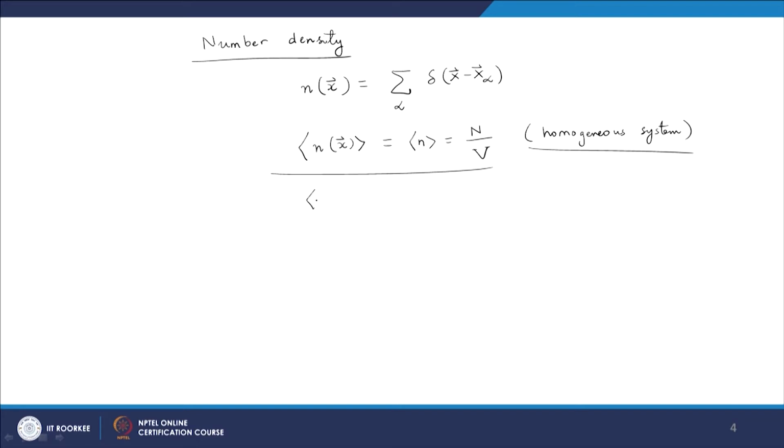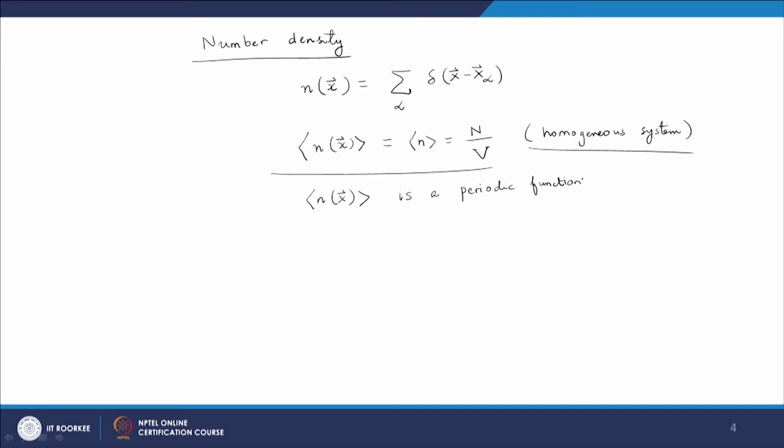For a solid, however, this is a periodic function. And why is that?